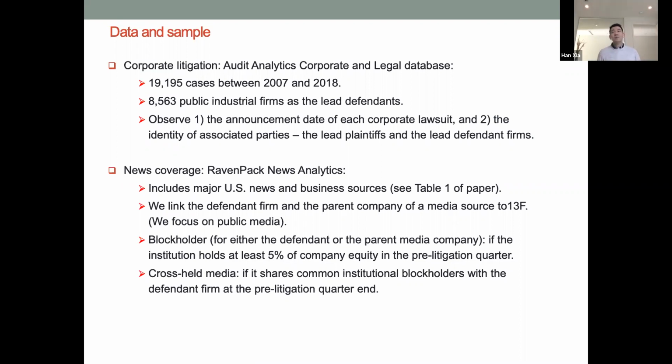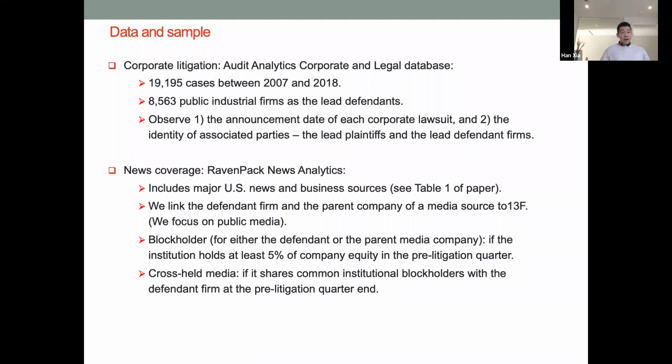If you look at the table, you will see that the Wall Street Journal, New York Times, and Barron's are included there. Based on this, we link the defendant firm and the parent company of the media firm to 13F so that we get the institutions' ownership information.